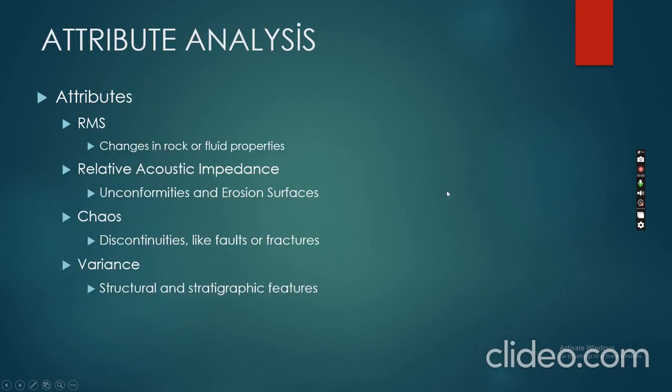Now I would like to give information about the attributes that I used while interpreting the data. Here we can see first is the root mean square amplitude attribute.